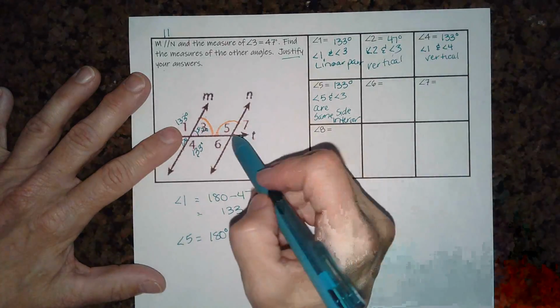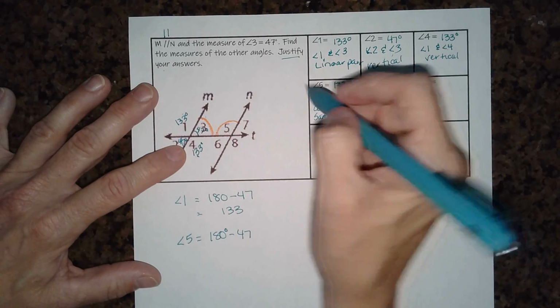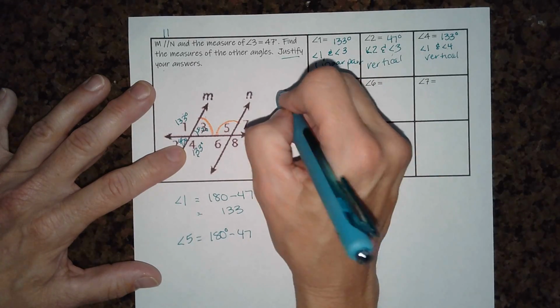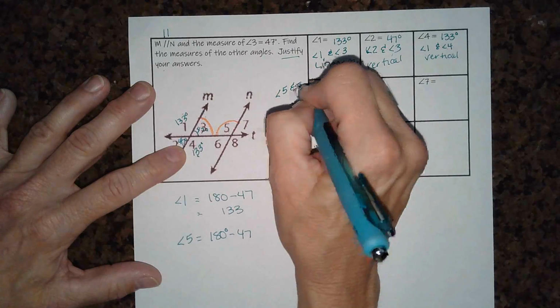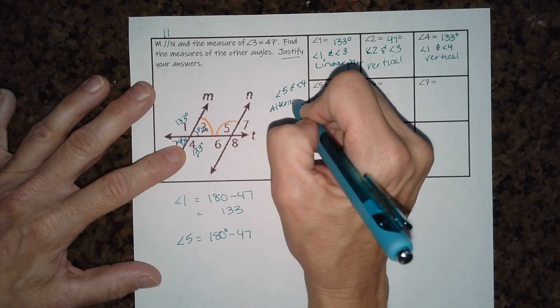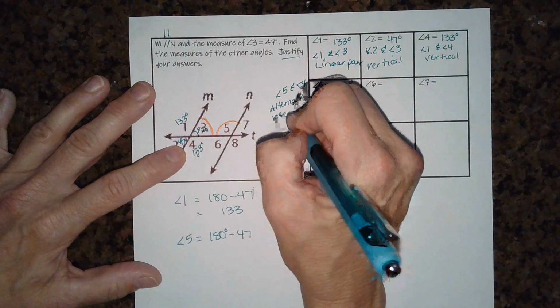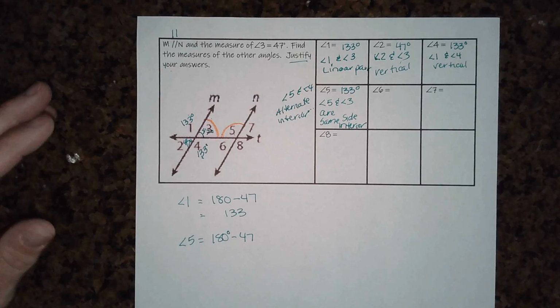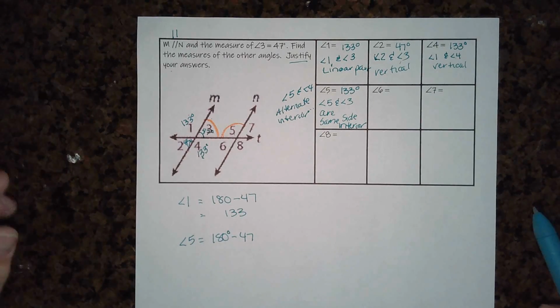Another justification could be that angle 5 and angle 4 are alternate interior angles, and alternate interior angles are congruent.